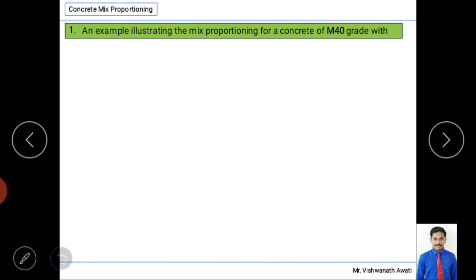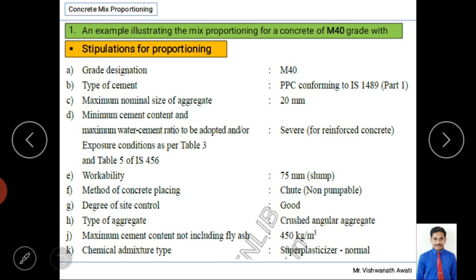Here an example is illustrating the mix proportioning for concrete of M40 grade. Here it is M40 grade. So now they will give data. So initial data they will give of proportioning, and here you can see the given data.